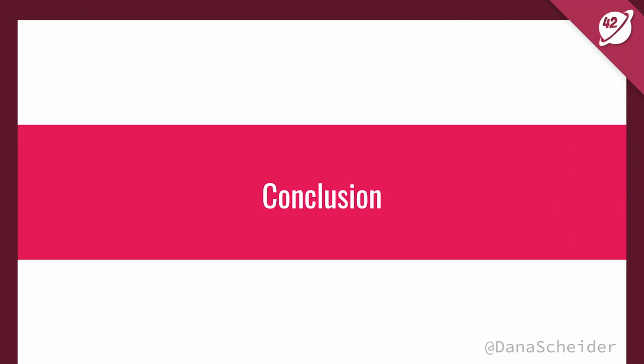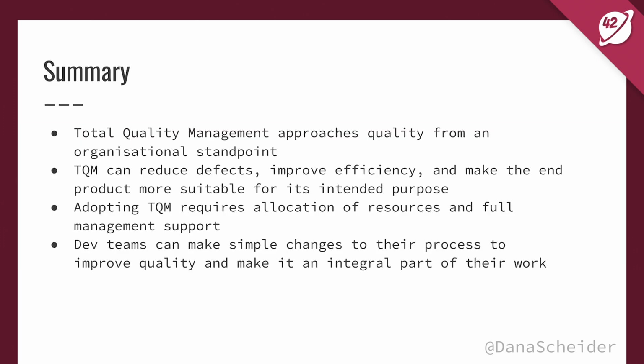So these are just a few of the ways that you can enhance quality in your organization in the absence of a dedicated QA department. Total quality management, which was developed for manufacturing environments, turns out to have significant advantages in software organizations as well, in that it approaches quality from an organizational standpoint and makes quality the responsibility of every person in the organization, both collectively and individually.